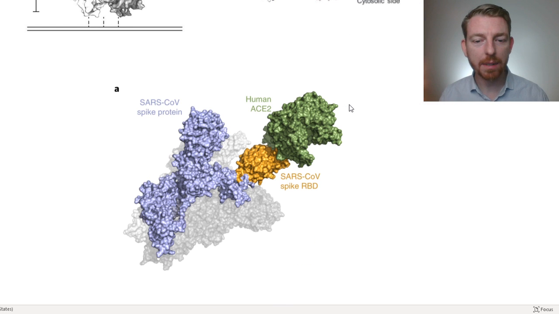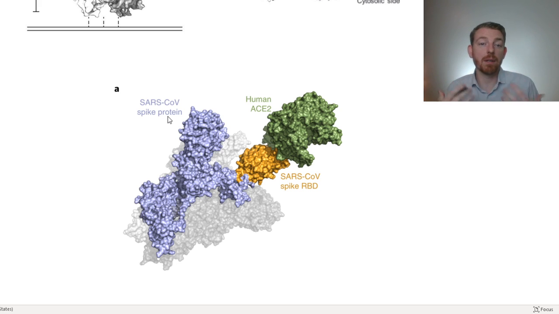And what happens is that it forms a tight enough bond that that receptor is going to react to the presence of the virus and begin to allow it to come into the cell. So this is the virus kind of picking the lock that allows it to interact with the inner parts of our cell and to take over that machinery to do what it needs it to do.